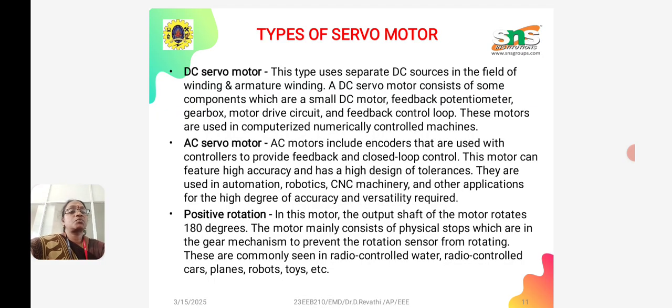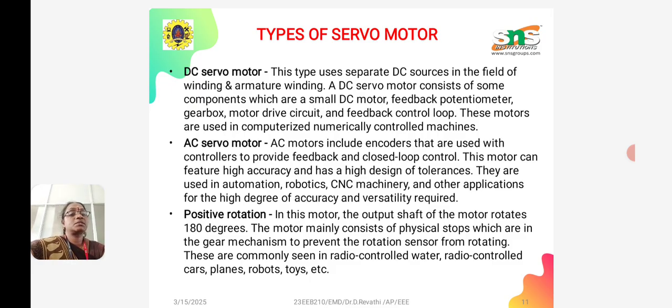AC servo motors include encoders that are used with controllers to provide feedback and closed loop control. This motor features high accuracy and has high design tolerances. They are used in automation, robotics, CNC machines, etc. And positional rotation: in this motor, the output shaft rotates through 180 degrees.